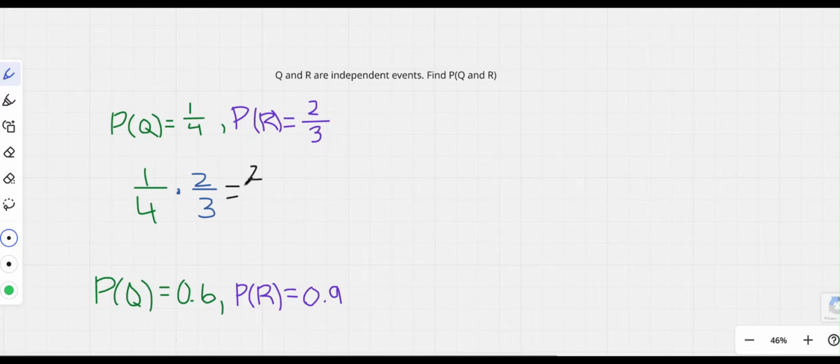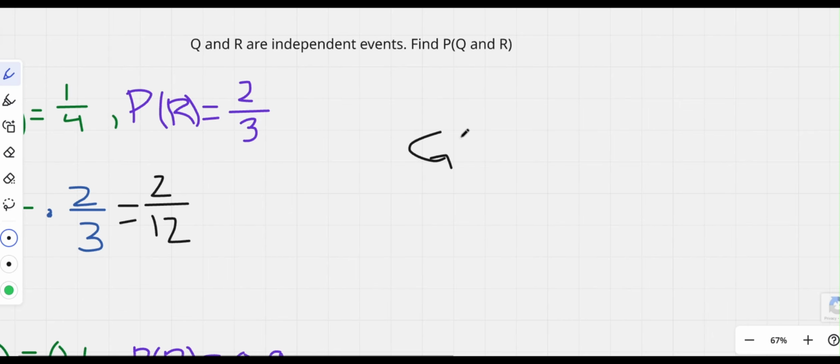So we have 2 over 12. And we're going to reduce that by the greatest common factor of both of these, which is the GCF. The greatest common factor of 2 and 12 is, you guessed it, 2. So we're going to divide both the numerator and the denominator by 2.